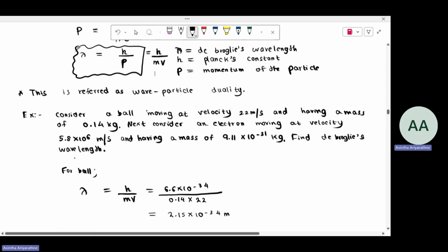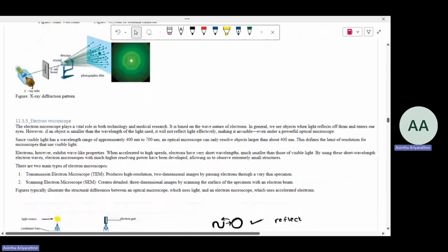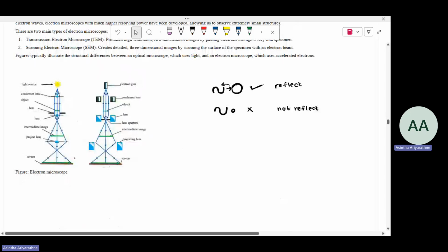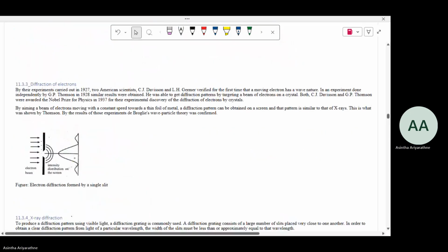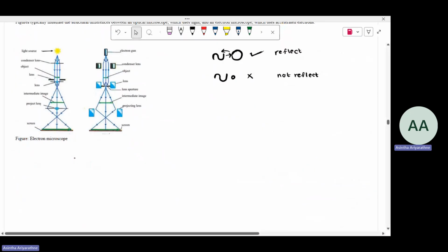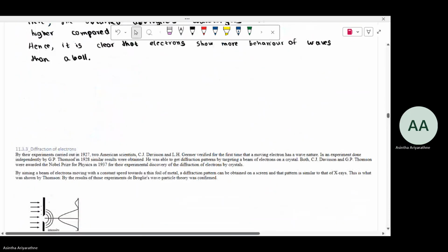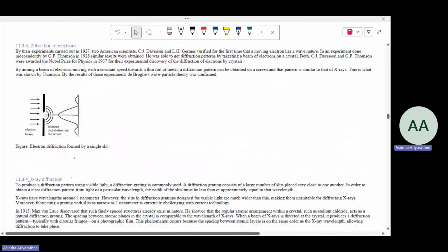So by accelerating electrons to a very high velocity, the wavelength could be brought down.